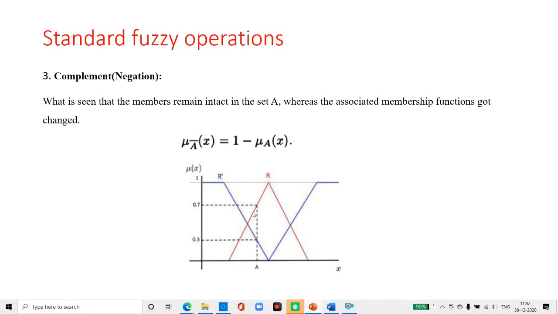So what is it? 1 minus mu of A of X. If you have to find the complement for a membership value, A bar, it is 1 minus mu of A of X. So this is our complement, that is negation. What is seen is that the members remain intact in set A, whereas the associated membership functions get changed.